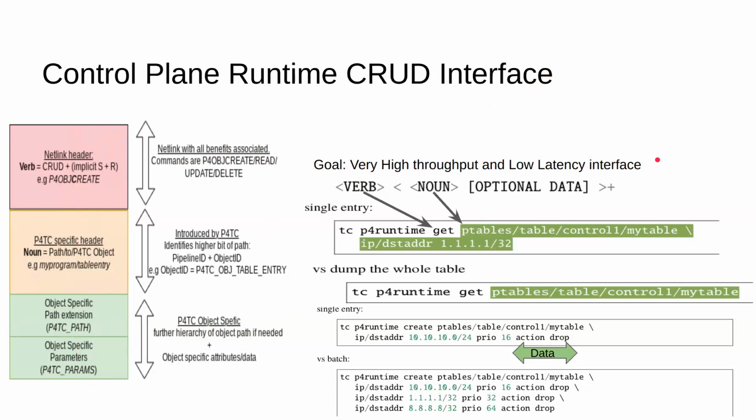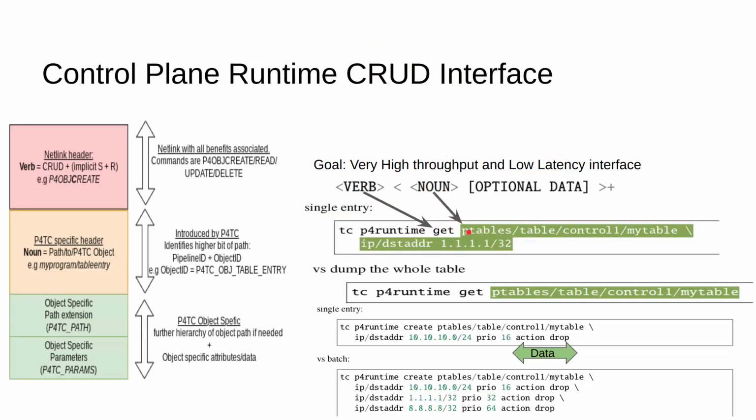Our API from the control plane is not gRPC equivalent, it's more of a CRUD API. Actually CRUD plus publish plus subscribe. When you send the command from the control plane, you specify a verb. This example shows get, which is actually a read. You specify a noun, which is a path to the object.